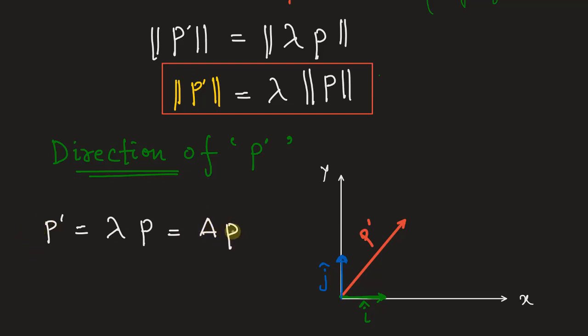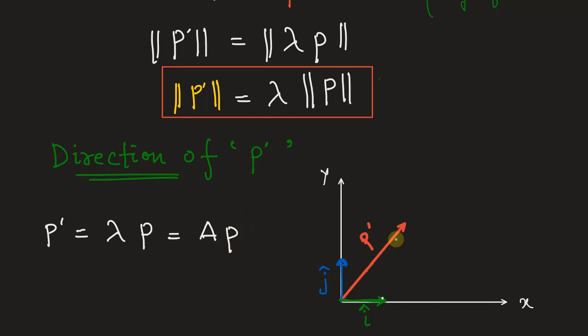So if P is the eigenvector of A, that means P must be having the same direction as that of P prime, because eigenvectors are those vectors which do not rotate when the linear transformation is performed. Now after linear transformation, P prime can get squeezed or it can get stretched, and that depends upon the value of lambda. Suppose lambda is greater than 1.